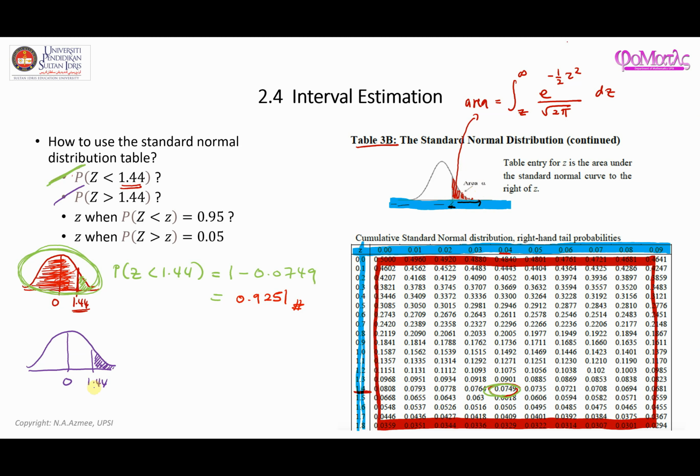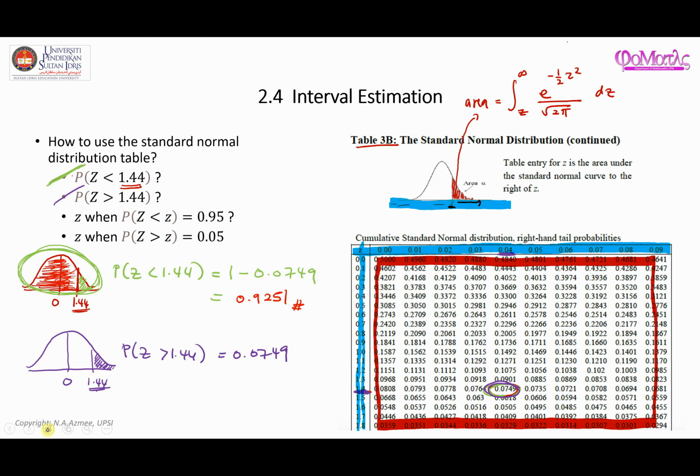You just look at 1.44 on the Z column, 1.4 and 4. The answer is 0.0749, without having to do any manipulation. So probability z greater than 1.44 is just 0.0749.